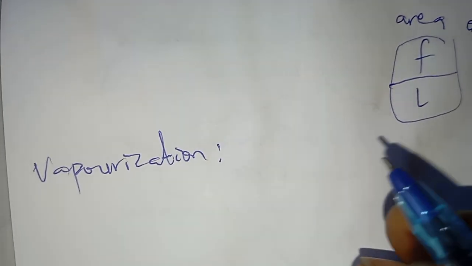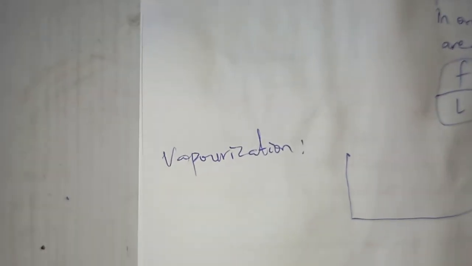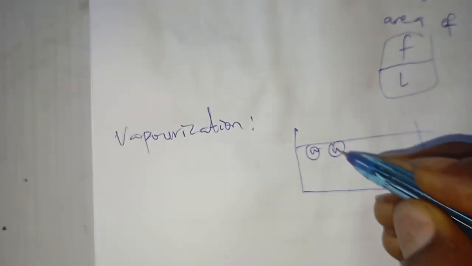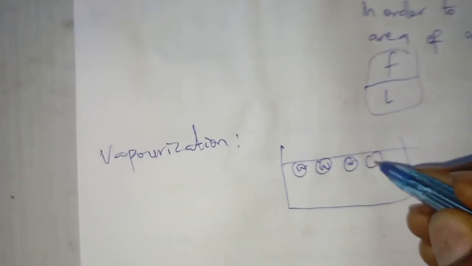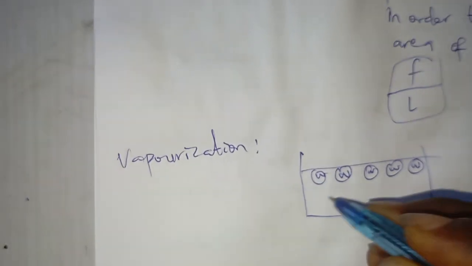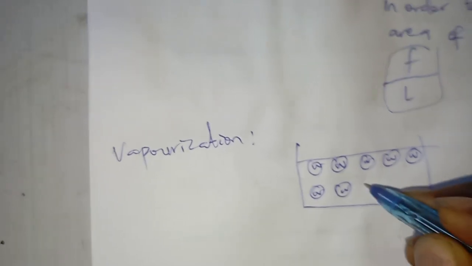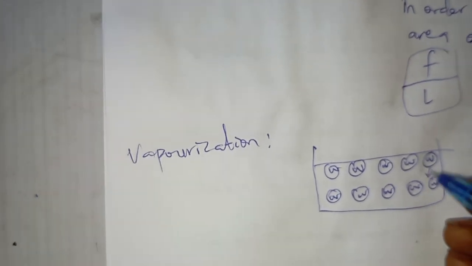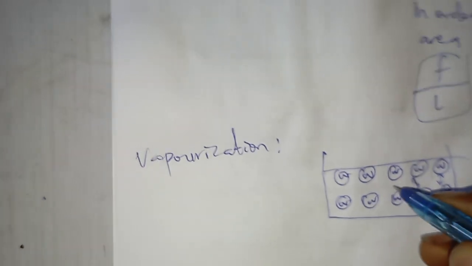So if I know this concept, what it means is that as liquid gets heated, for example, let's say this is water, and this is the molecules. As this water gets heated, we know that it has forces of attraction.